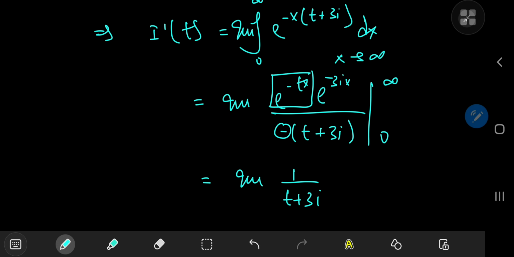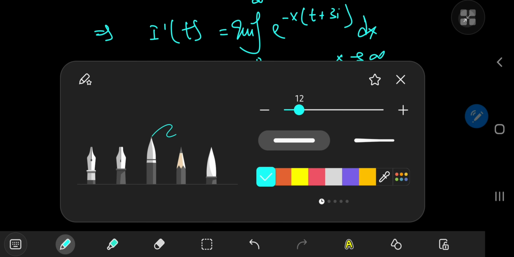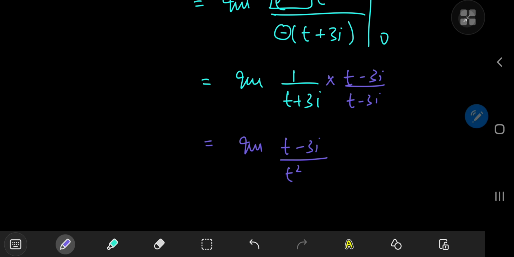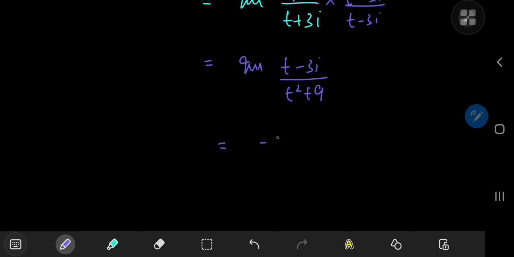So you need the imaginary part of this complex number here, which can be extracted if you just expand using the complex conjugate. So that's exactly what we're going to do. So we have the imaginary part of t minus 3i divided by t squared minus 9i squared, right? So that's a plus 9. And the imaginary part here sorts out to negative 3 divided by t squared plus 9. Okay, cool. So that's the derivative of I with respect to t.